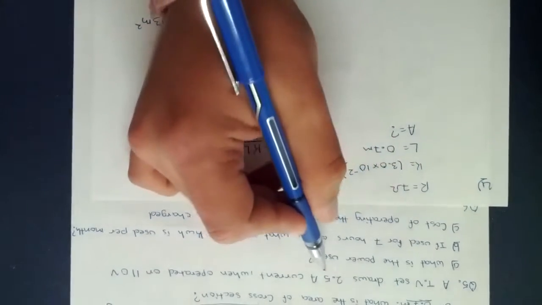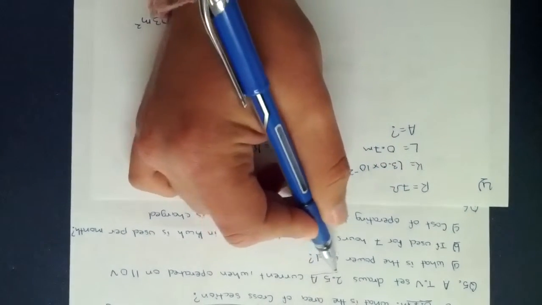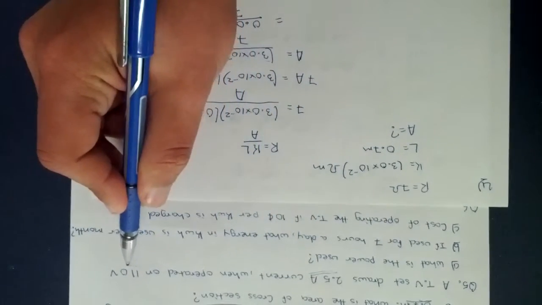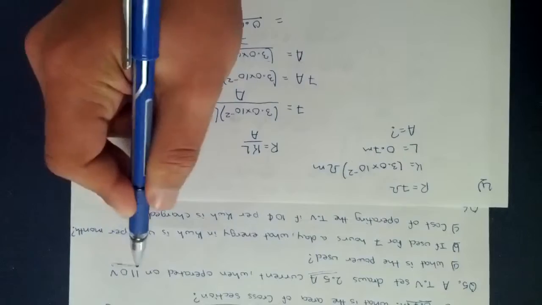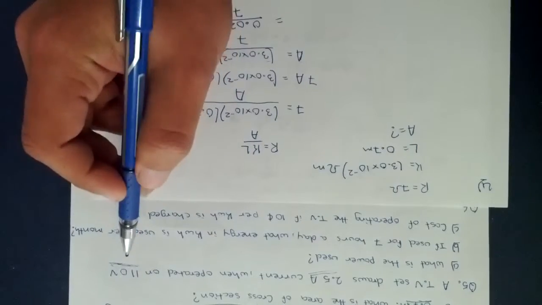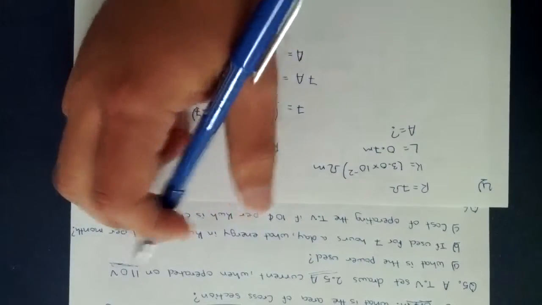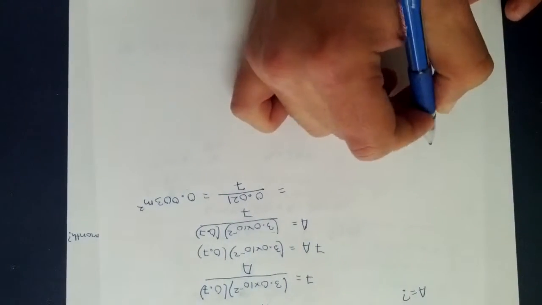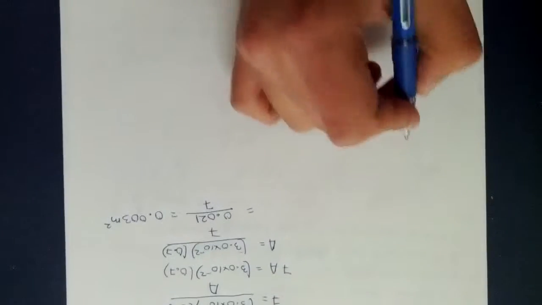So a TV set draws 2.5, that's the current, when operated on 110 volts. Oh no. Alright, so that's the voltage. So what is the power used? Alright, so from the notes, we know that power... Alright, what question was this? Question number 5.